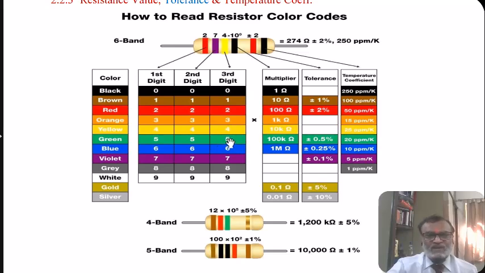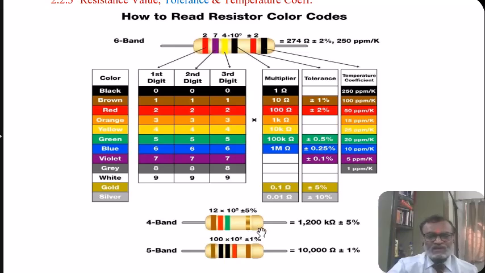So 5 here is 10 raised to 5 basically. So the multiplier is expressed as a power of 10. Therefore, the brown, red, green color code combination gives 12 into 10 raised to 5 ohm resistance. That is 1200 kilo ohm resistance.